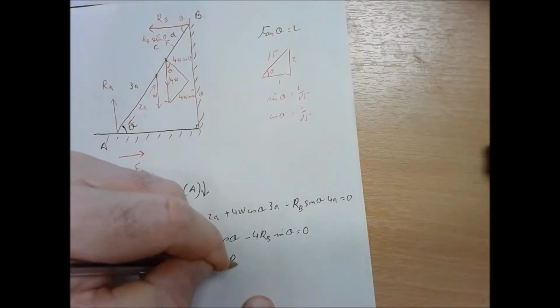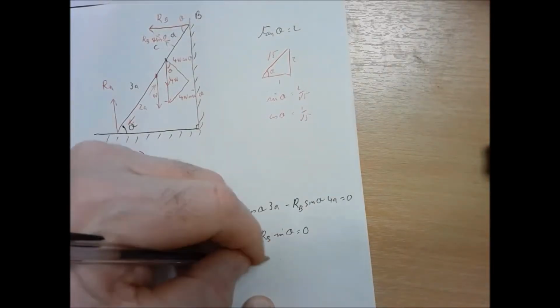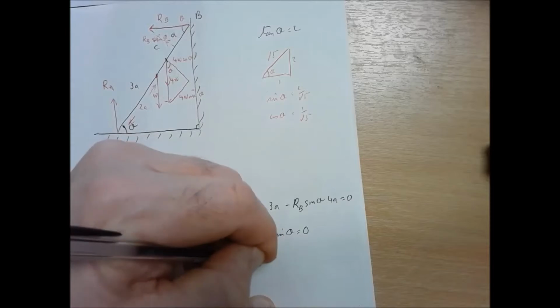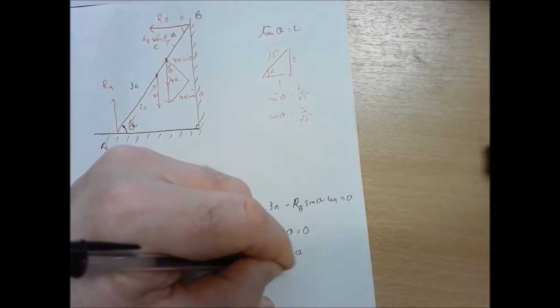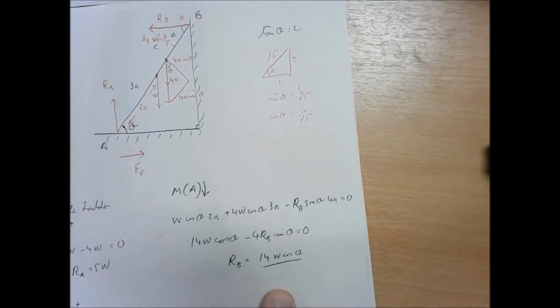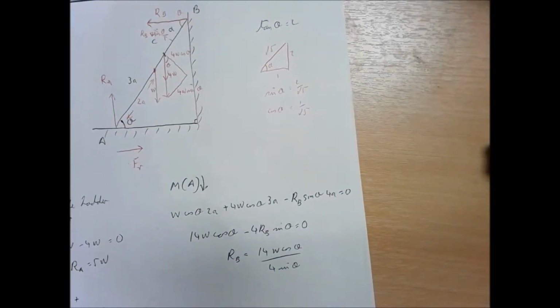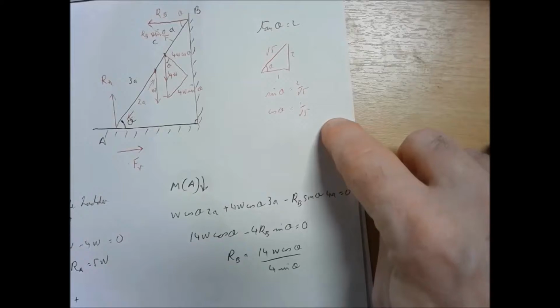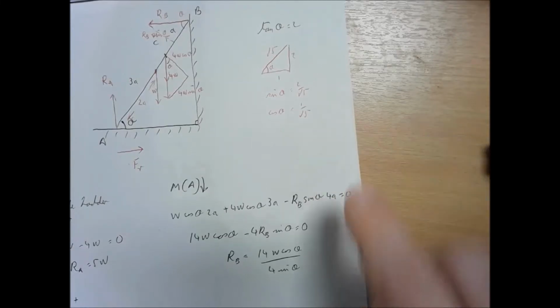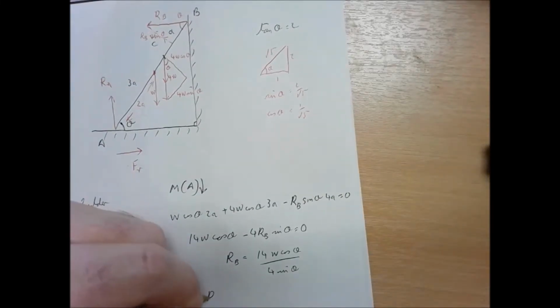So RB equals 14W cos theta all over 4 sine theta. I know what sine theta and cos theta are, as I worked out in the preliminary workings, so I can plug those into that equation, and I get RB equals 7W over 4.